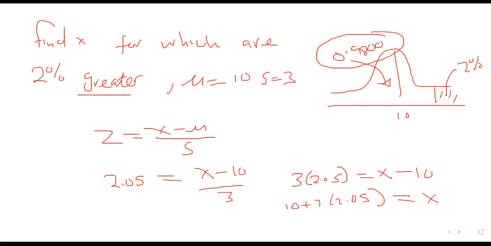What happens? We're going to shade on the left side. If they said less than, we're going to shade on the left side.